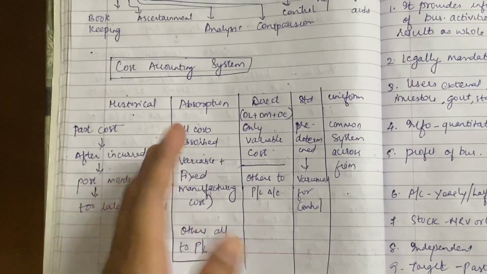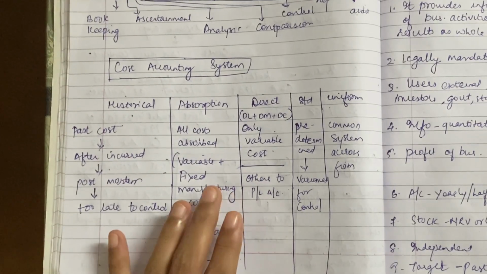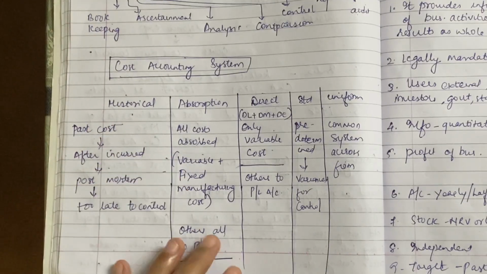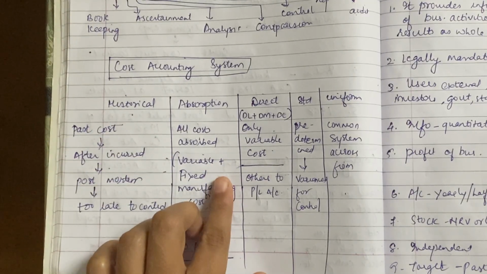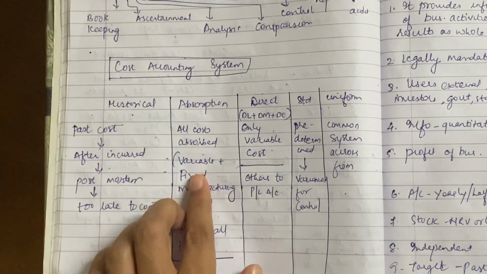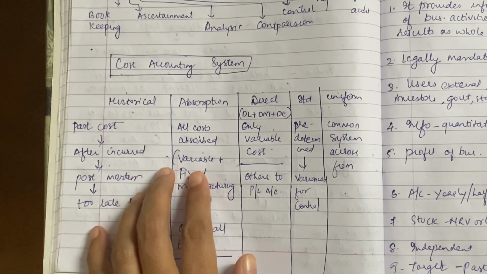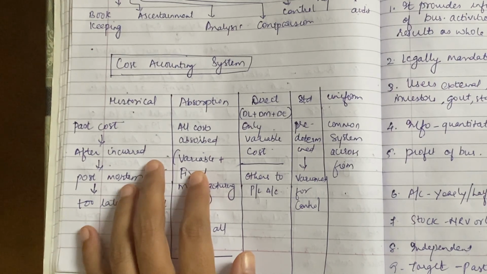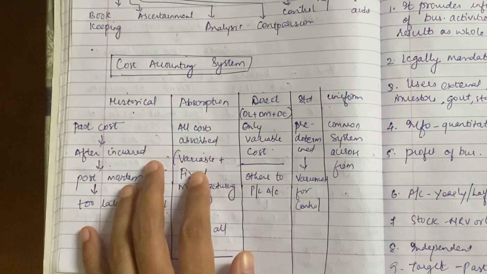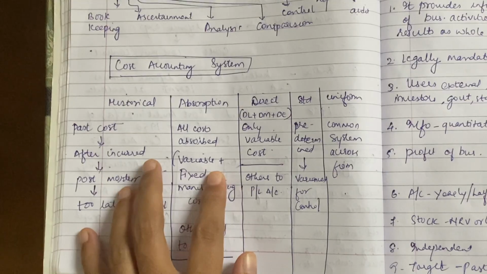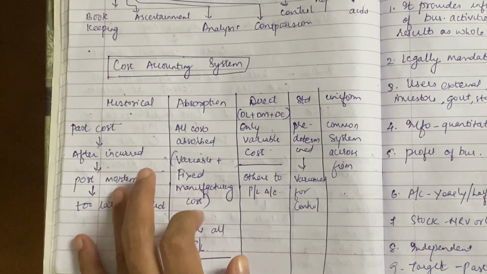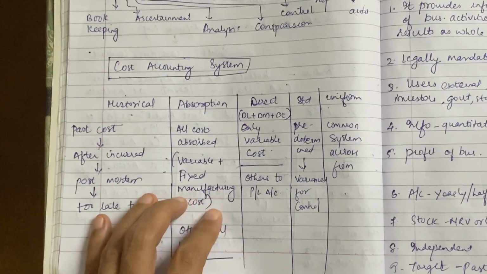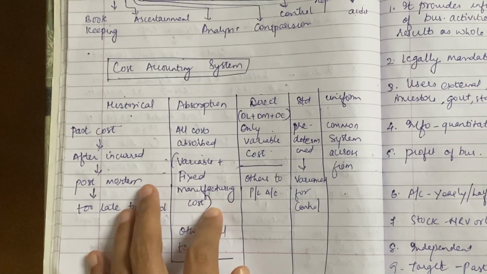Now the other is absorption costing. In this, all costs are absorbed. Let us check what all costs are absorbed. That is variable cost. Variable refers to direct labor, direct expenses of material, and related direct expenses. This all comes under variable cost, plus fixed manufacturing cost. What will be under the fixed manufacturing cost?